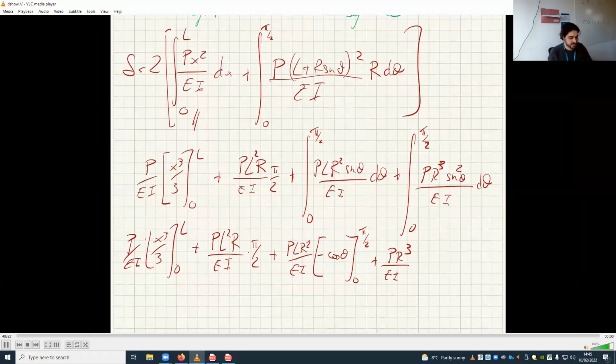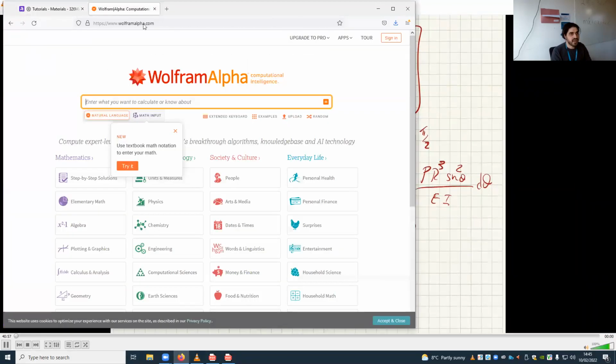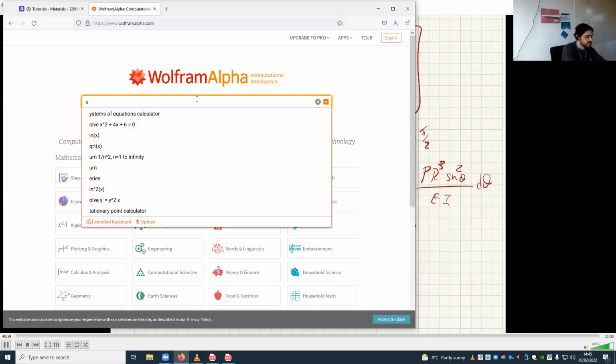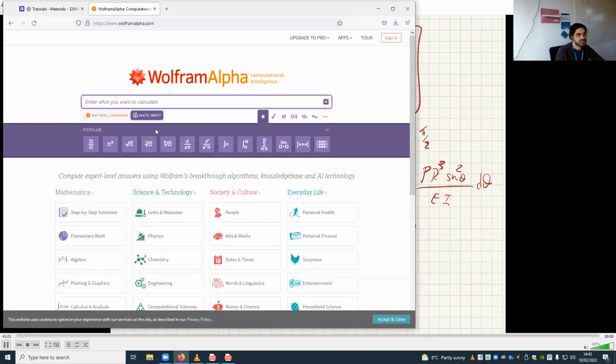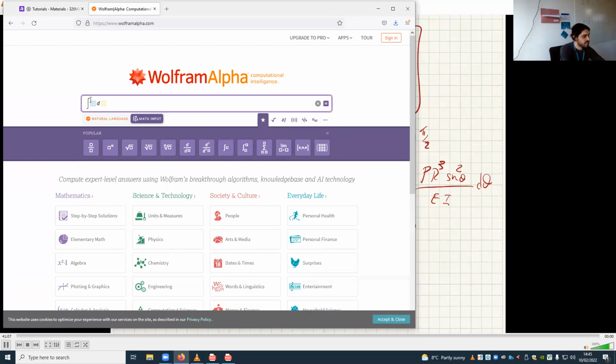And we have to integrate the sine squared of theta. What is the integral of sine squared? I did remember it yesterday. I don't remember it now. So let's do the integral of sine squared theta. Integrate sine x times sine x dx.